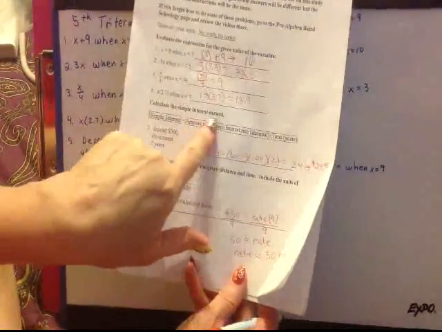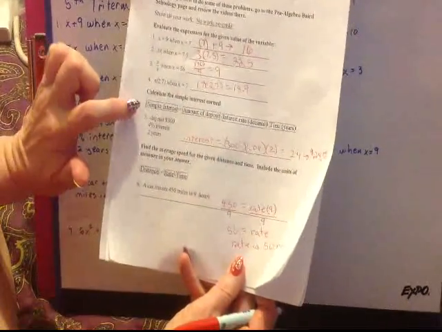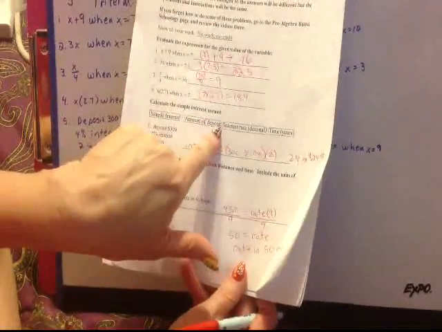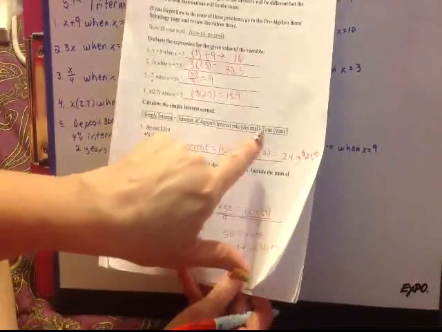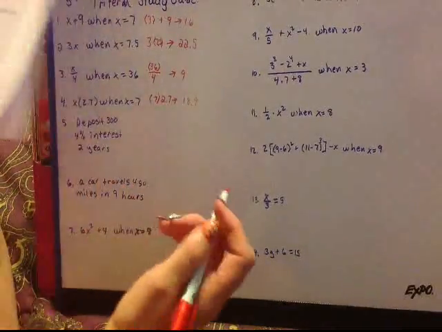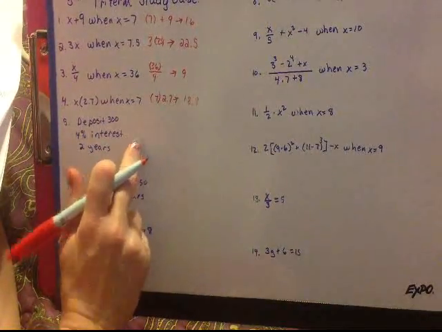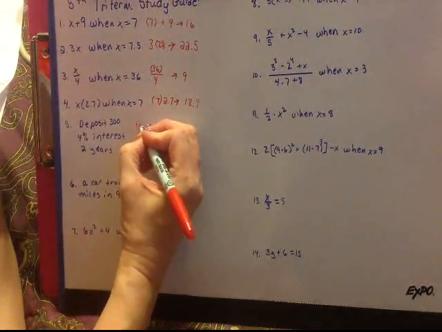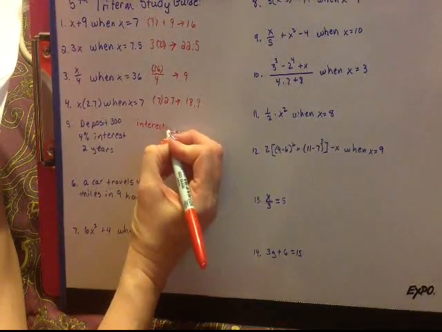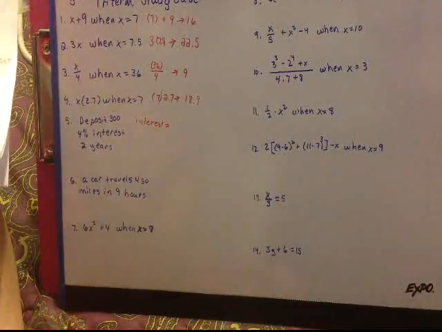Question number 5 says for you to calculate the simple interest earned. Your formula is simple interest equals the amount of the deposit times the interest rate times the years, and the interest rate needs to be a decimal. First of all, we're going to write interest equals the amount of the deposit.